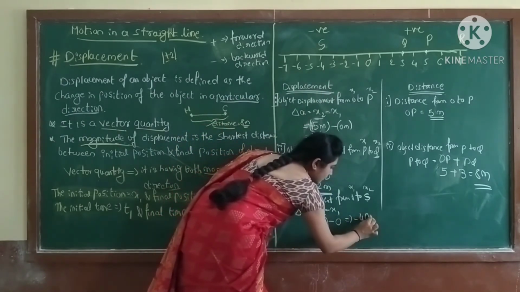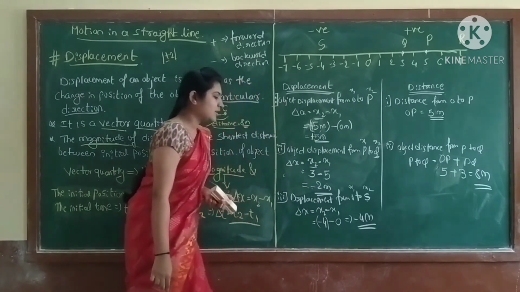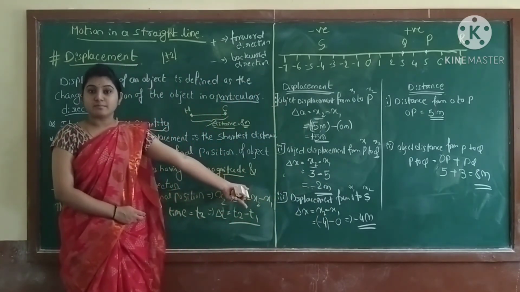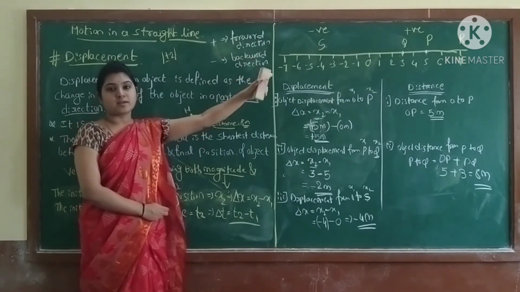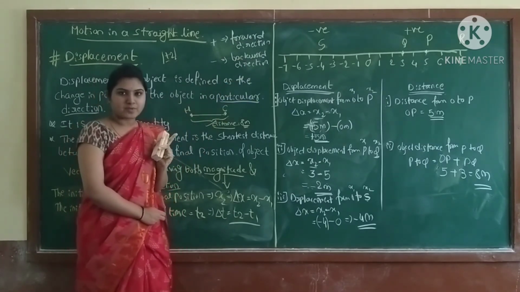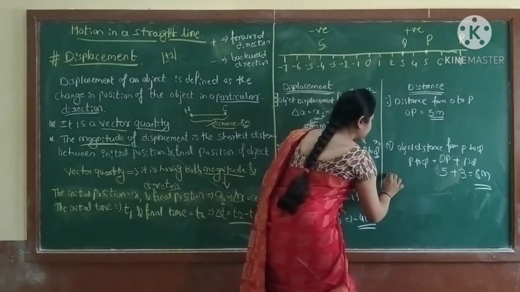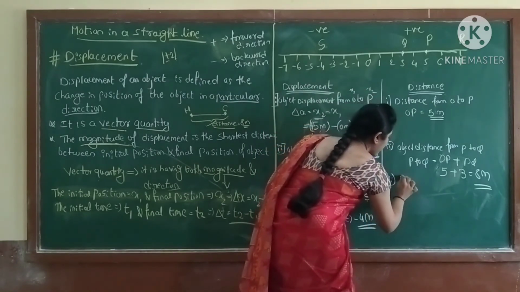Minus 4 meter. Right? That is your displacement. Backward direction. Yes? If you go ahead, forward. If you come back, backward.